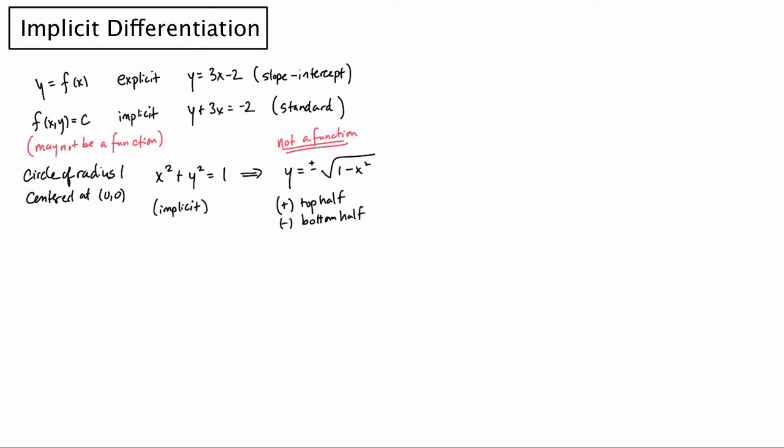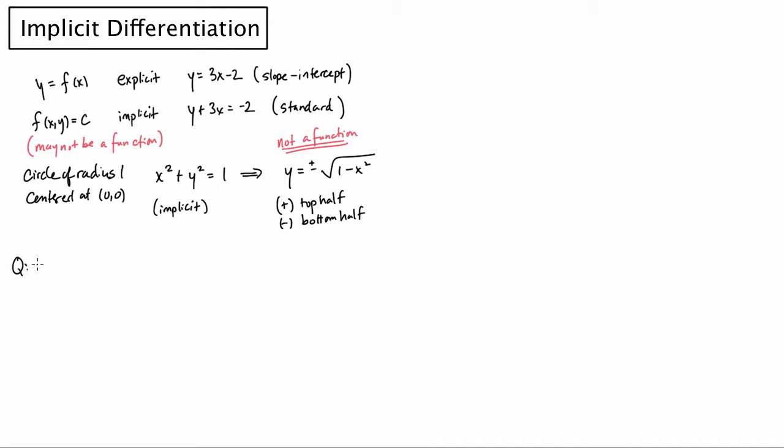But for the most part, being able to perform implicit differentiation is reliant on our ability to do chain rule and understand that when we write it in the form y plus 3x minus 2, that y here is in fact a function of x. So let's go ahead and try to find the tangent line to the curve, or the slope of the curve on a circle.